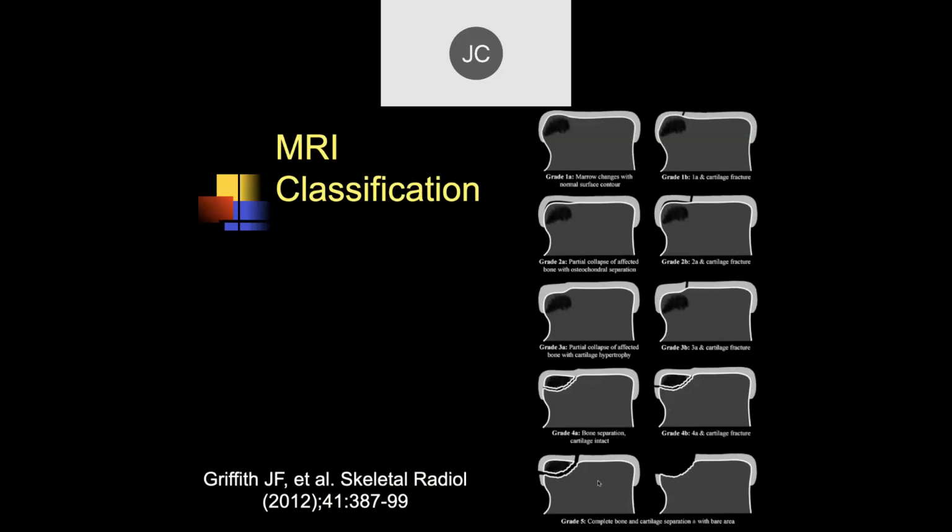But again, I don't know anyone who clinically uses this classification. It's, I think, more for research. But the things you can look for really, again, are the in situ fragment, displaced fragment, and then the degree of bony impaction, subchondral bone edema, and actual tears of the articular cartilage. So those are more the acute lesions.